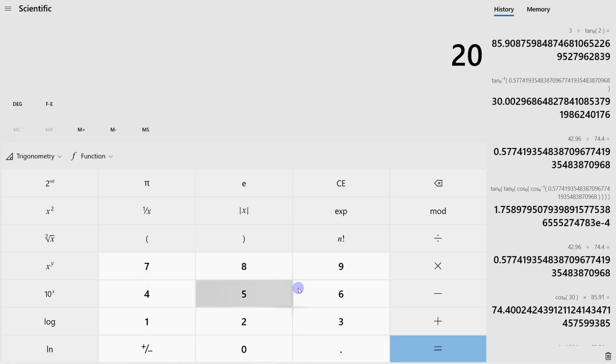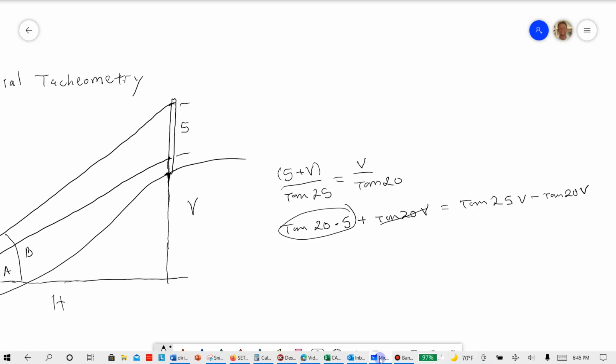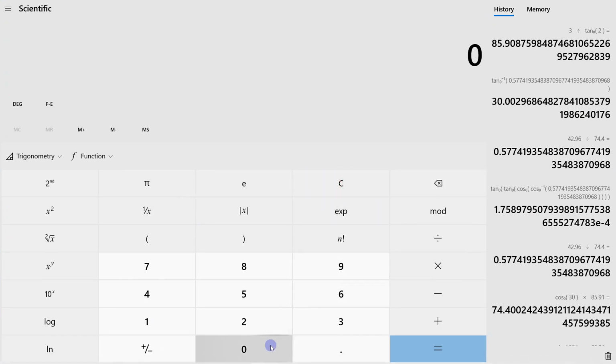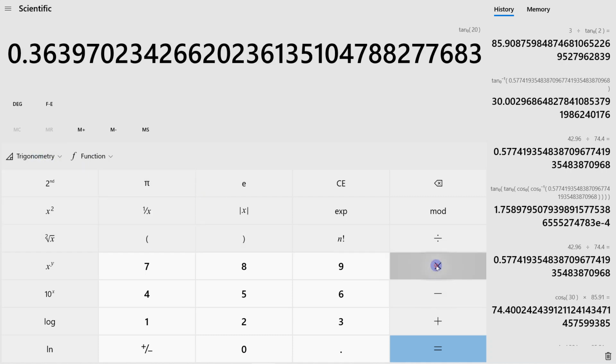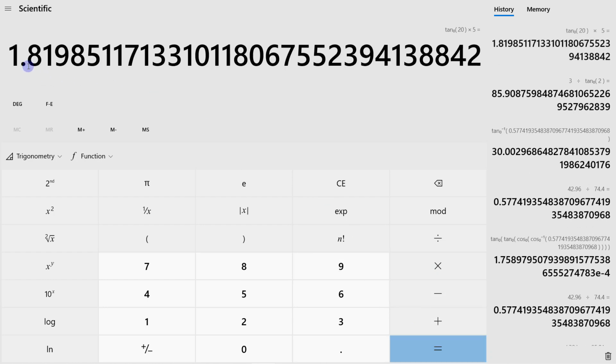I should have paid more attention to what we were looking at, right? The first one was tangent of 20 times 5. So let's clear that out. Tangent of 20 times 5 equals 1.81.